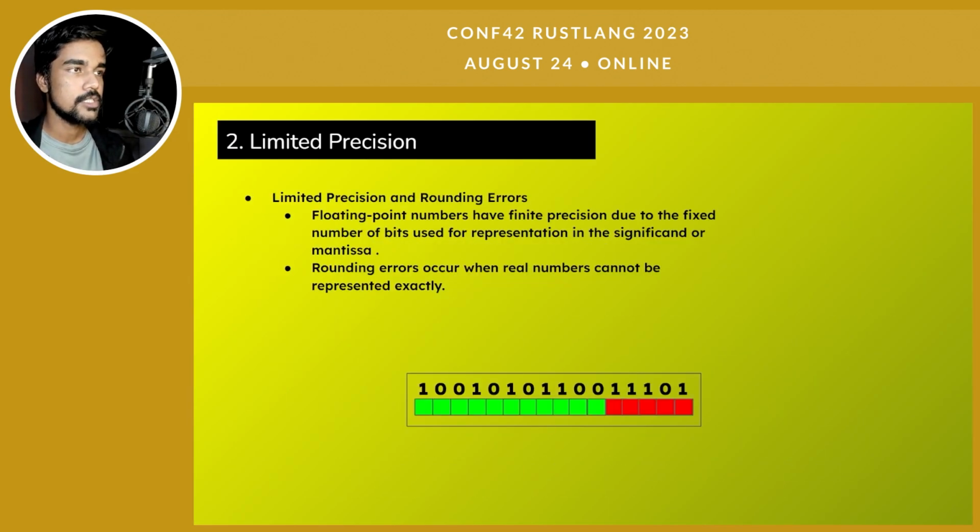So let's talk about the issues one by one. Limited precision and rounding errors: every floating point number, as I told you in the previous slides, has a finite number of bits to represent the significand, or mantissa. Rounding errors will happen when the real number cannot be represented exactly.